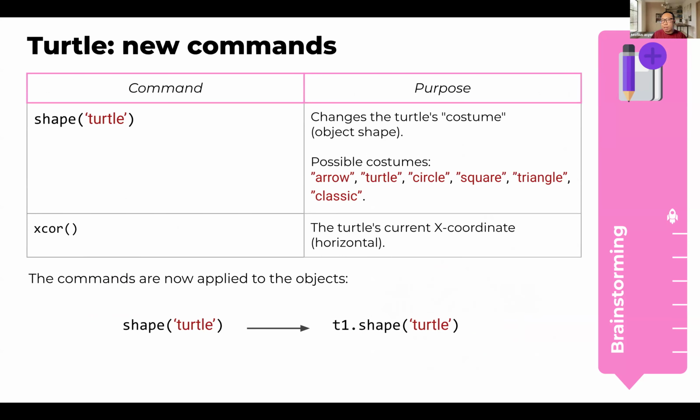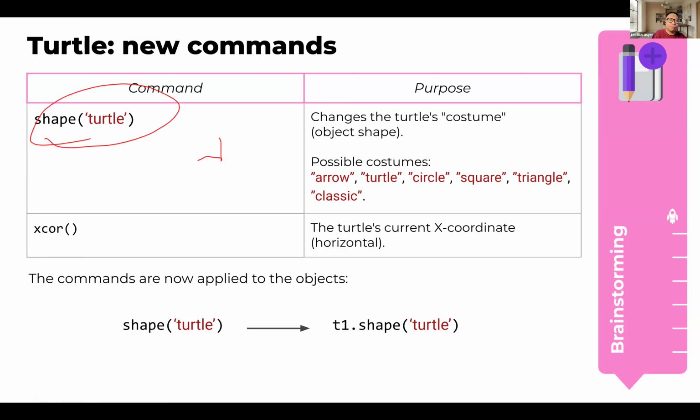Okay, first things first, before we try to make the project, I'm going to introduce our new function here. It's called shape, because we've never learned about this before, right? The shape function has the purpose of changing the shape. If you remember, the original shape for every turtle is an arrow.